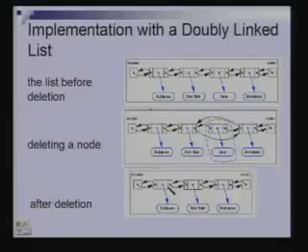Given an object of this data type position, I can only call this method element on that object, and it will tell me what is the element sitting at that particular position. If this is not making much sense, think of position as a reference to a particular node.